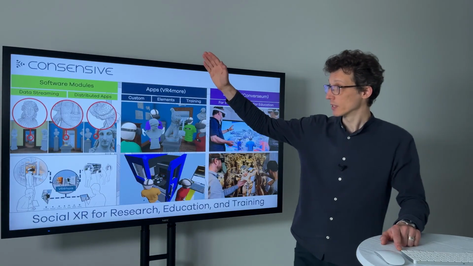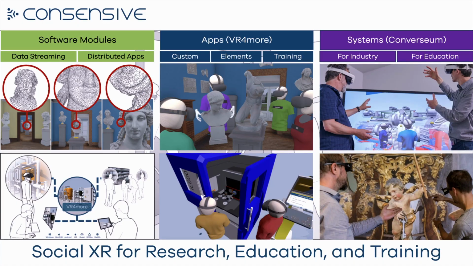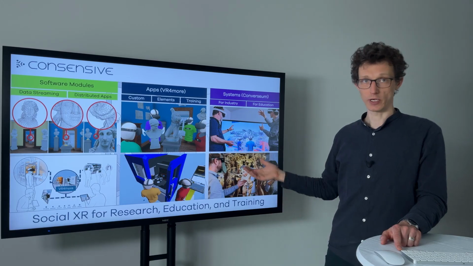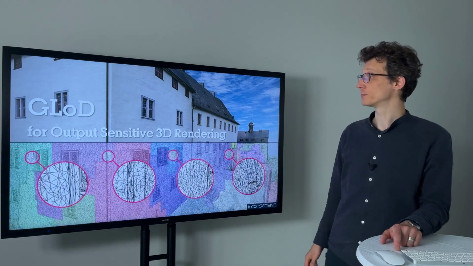So we offer the software modules for partners who want to build their own applications on it. We build bespoke applications for clients on this basis, and we also create turnkey systems that can be readily rolled out at museums, at trade fairs, or training centers, wherever the functionality is needed.